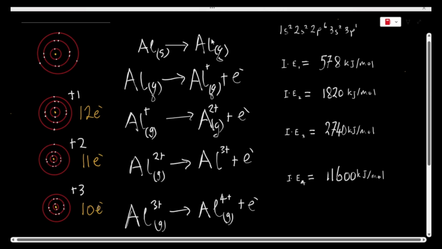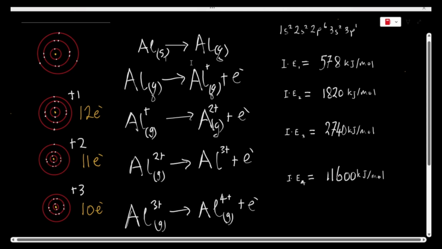Because when measurements are done in the condensed form, whether solid or liquid, the energies measured as ionization energy would include the ones used to break intermolecular bonds and other interactions.